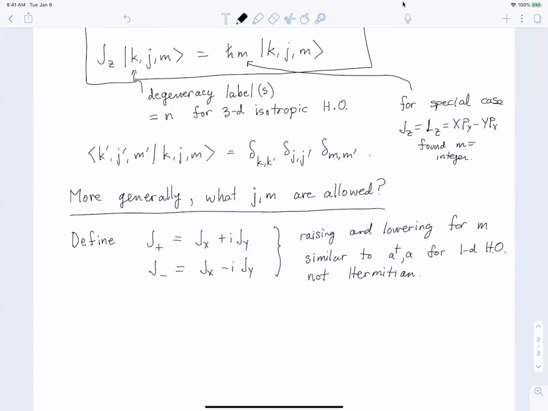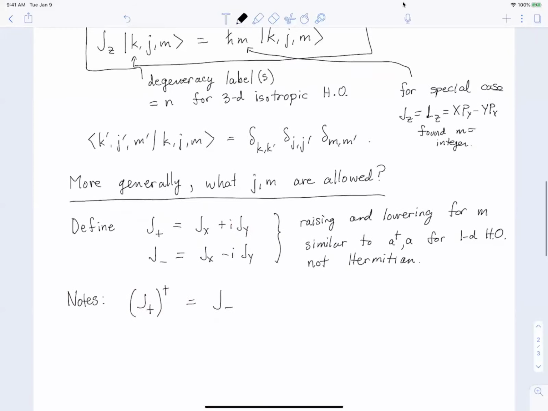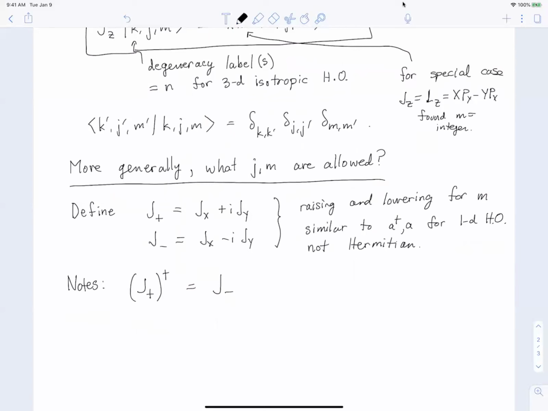Okay, so now let's note a few things about these operators that are going to be useful. One is, if I take J plus and take its Hermitian conjugate, that's equal to J minus, and vice versa. That's useful because we might have an expression and we want to take the Hermitian conjugate of the expression, and we've written everything in terms of J pluses and J minuses.